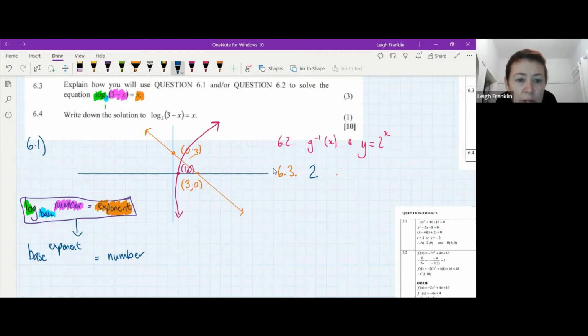The exponent is x, and your number that it's equal to is, that's it, 2 to the power of x equals 3 minus x. Well done, Kanyusile, absolutely. And then if you rearrange the order of the terms on the right-hand side, you see 2 to the x equals negative x plus 3.